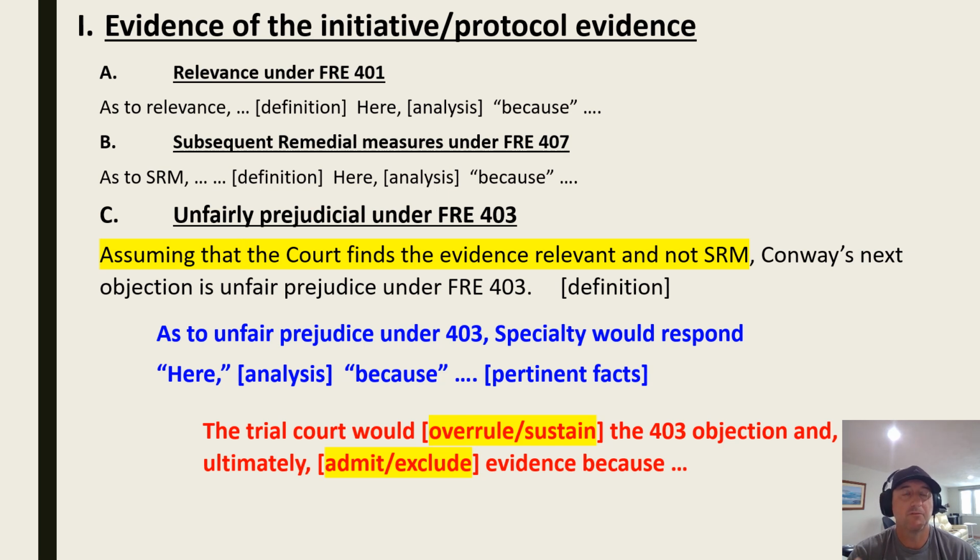And we set up 3 hurdles as the opponent: relevant, subsequent remedial measures, 403. The evidence has to clear all 3 hurdles. So you have to essentially overrule all 3 objections to get to a place where, as the court, you're saying the conclusion would be to admit that evidence, or that if you're looking back on it, that it was properly admitted.